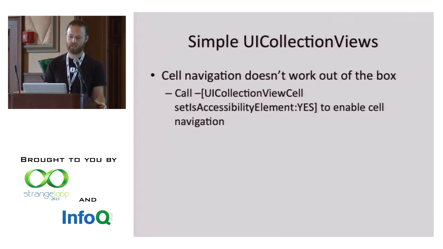So you need to explicitly mark a UICollectionViewCell as being an accessibility element. You want to do it at the cell level, not at the subview level within the cell, because you'll have the same problem that you get with UITableView cells, where you won't be able to select the actual cell, and then your selection logic won't run.